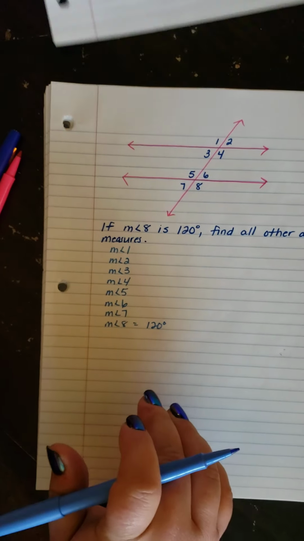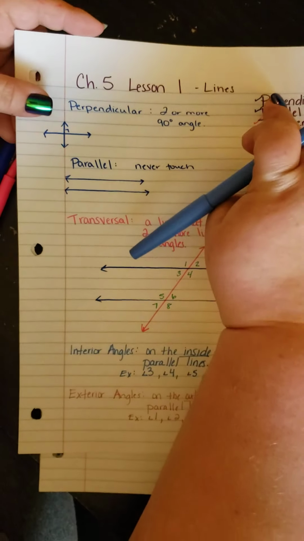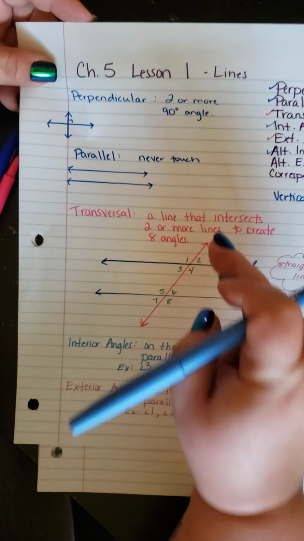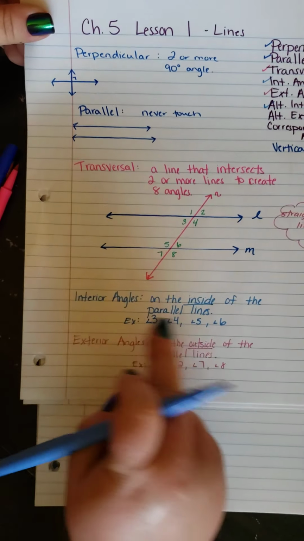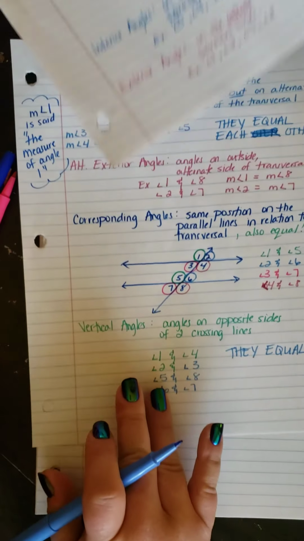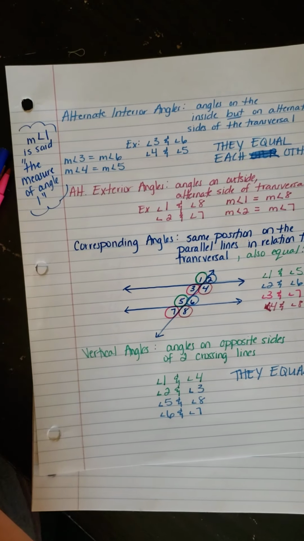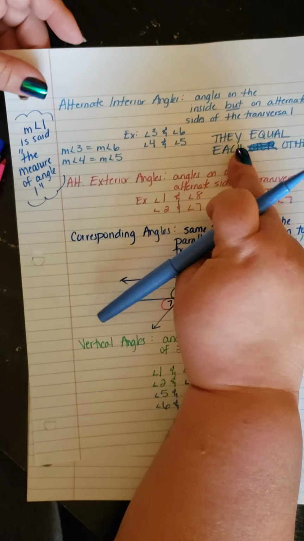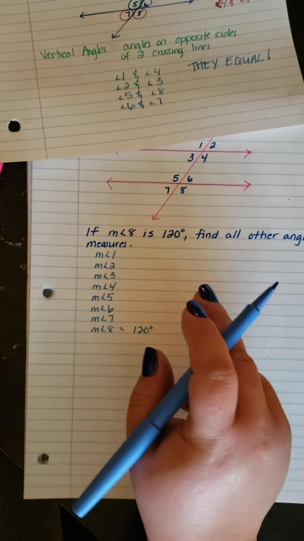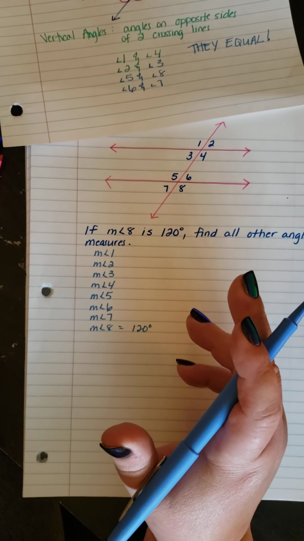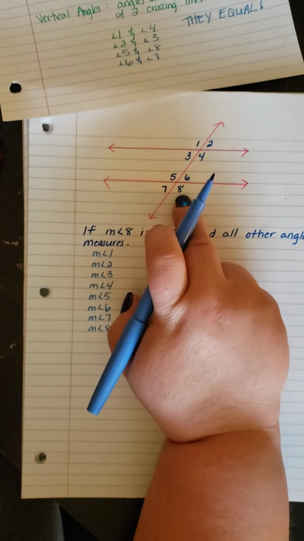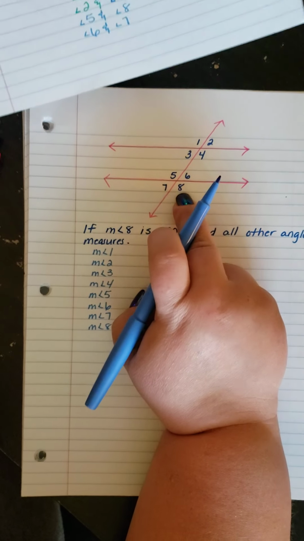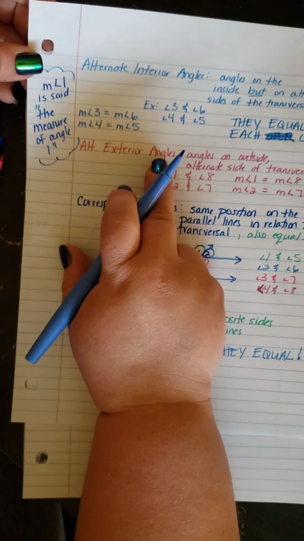Well, thinking about all of my other definitions that I have here. Interior angles, those don't say anything about equal. Exterior angles, nothing about equal. Let's go up here. Alternate interior angles equal each other. So what do I have? How about also, let's see, well, angle 8 isn't an interior angle. It is an alternate exterior angle, though.